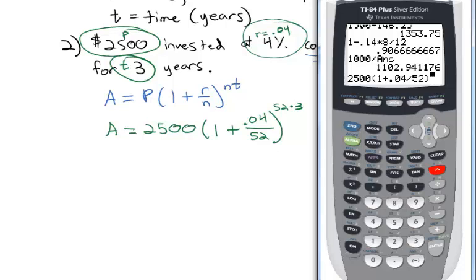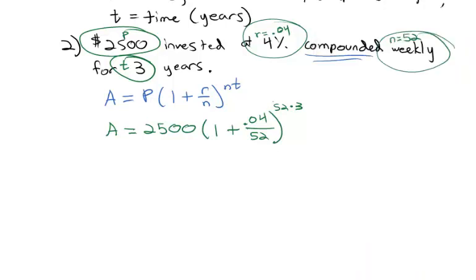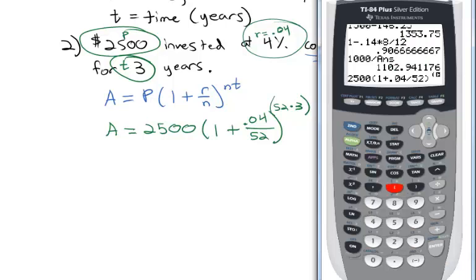Depending on the type of calculator you have, that might automatically stick you in an exponent, or you might need parentheses. If you're not sure, put the parentheses on anyways. You can never have too many parentheses. We want to make sure the calculator knows the entire exponent goes into the exponent. So I always put the exponent in parentheses. 52 times 3.